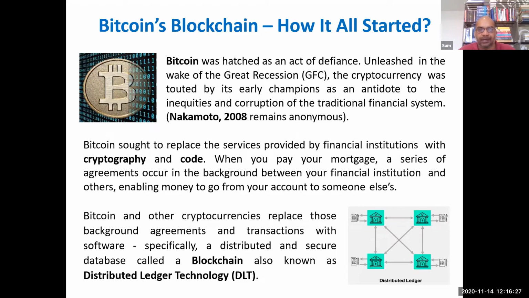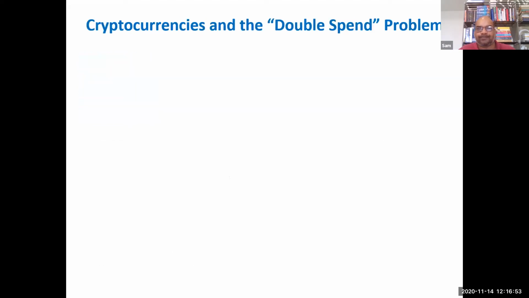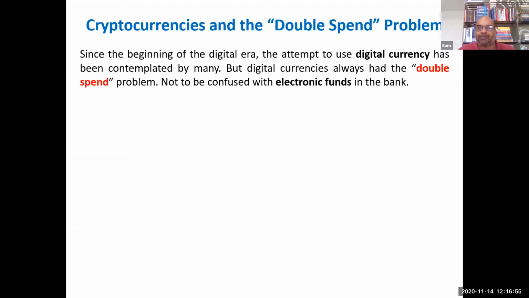That means whoever had control of this database could also change the transactions, the funds, or whatever data was there. But with the blockchain or distributed ledger technology, that is not possible because it will only be done with the consensus within the network.